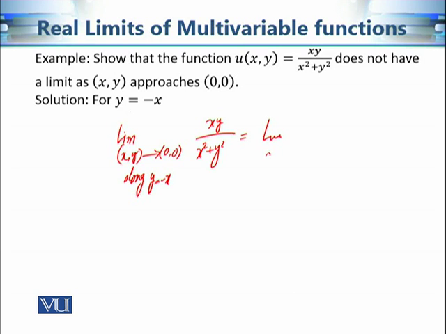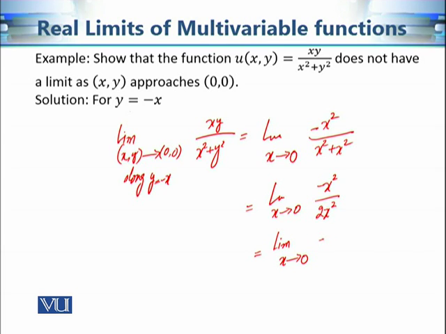And using the same observations we can say that it is equal to limit x approaches 0, and then since y is equal to minus x, we are getting minus x square over x square plus y square, and sorry, this y square is x square, so this becomes minus x square over 2x square. So once again we can cancel out, and the value of the limit in this case we can easily see is going to be minus 1 by 2.